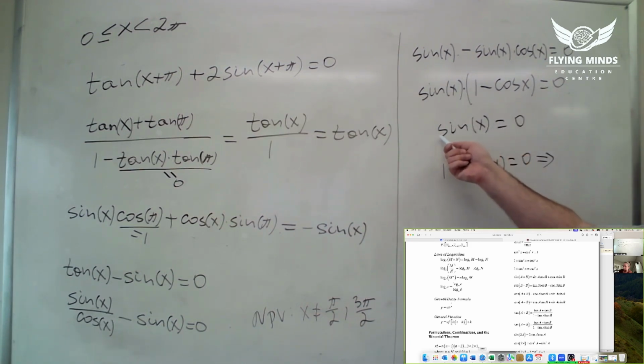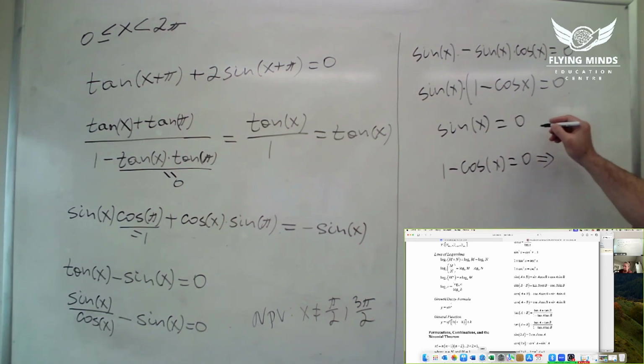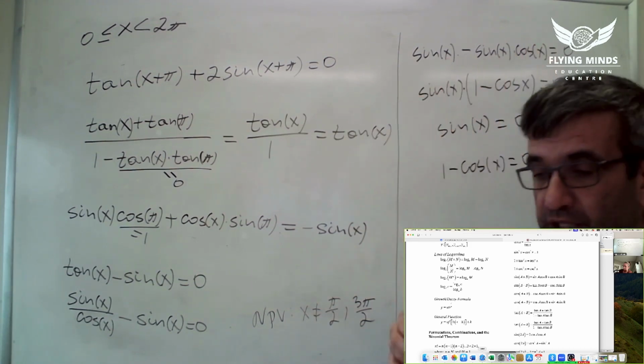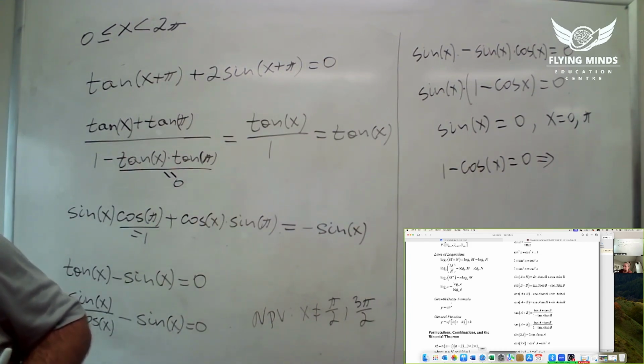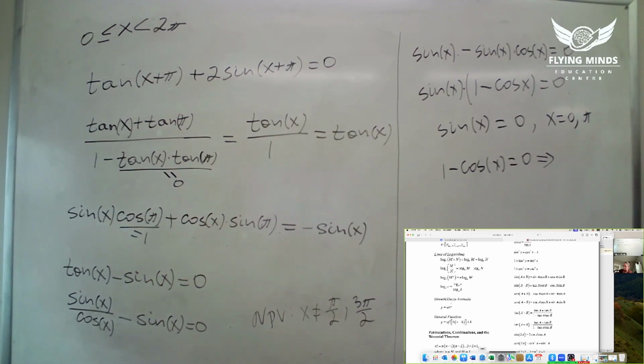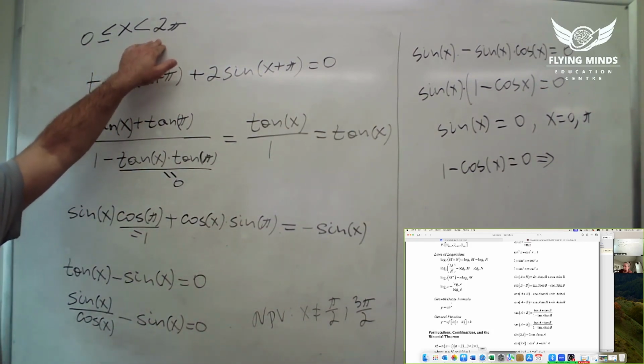So let's do first sine x equals 0, when the angle equals what? At 0 and pi. 2 pi is not included because of the domain. Our domain is x greater or equal to 0 and strictly less than 2 pi.